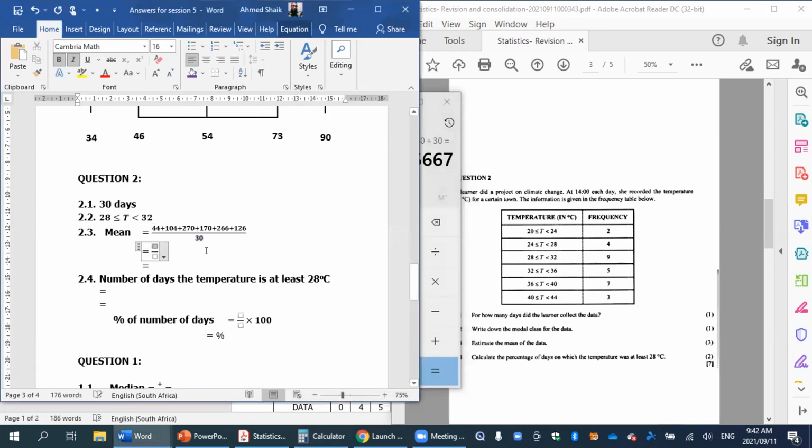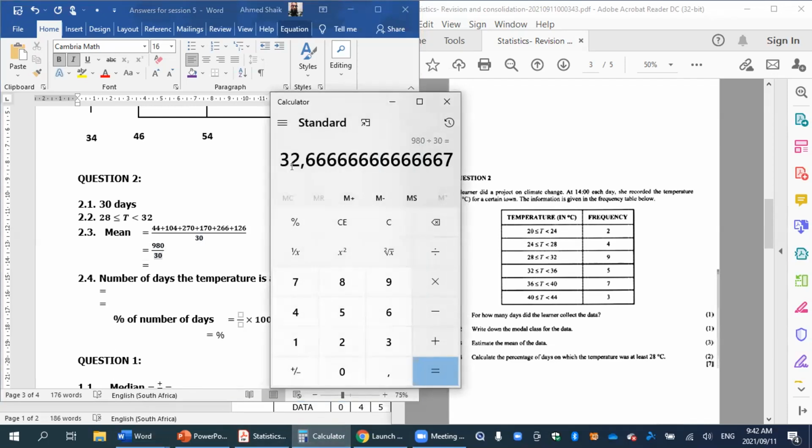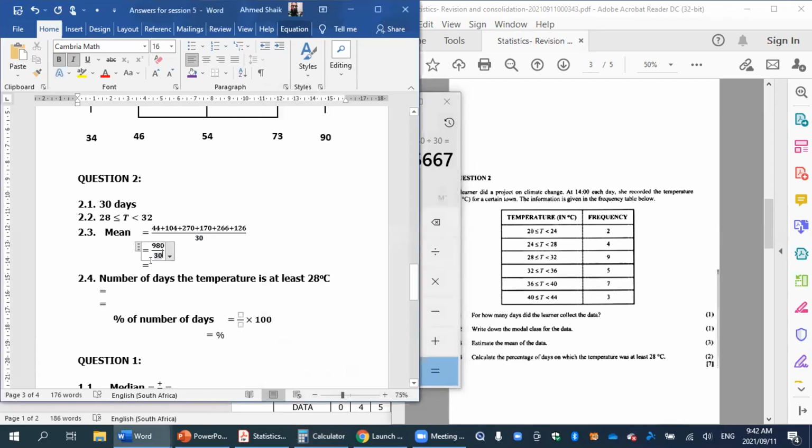So I've got 980 divided by 30, and my answer was 32.666 and so on. Remember, we said we're going to round to 2 decimal places. So our answer would be 32.67. And that is our mean for this given data set.